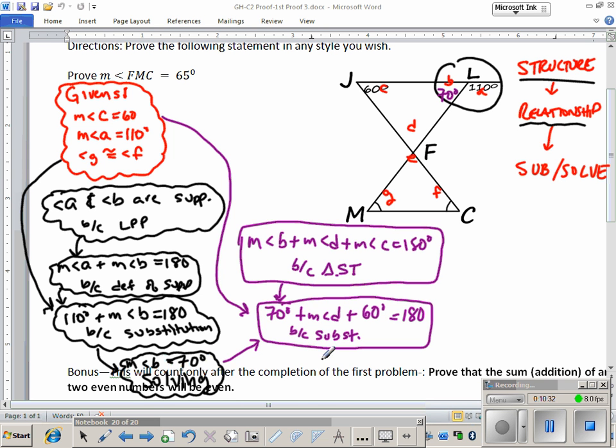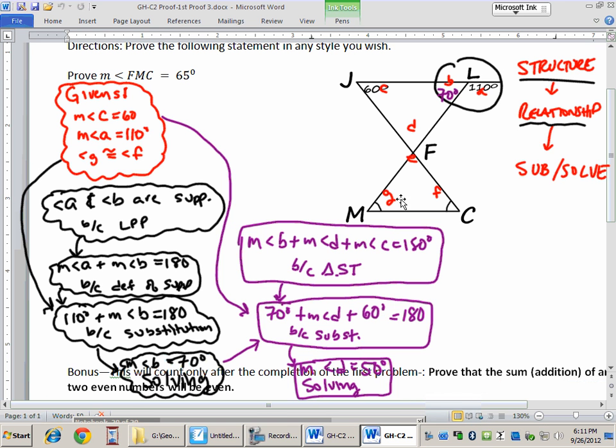So the measurement of angle D should be 50 degrees, because 70 plus 60 is 130, plus 50 more is 180, and that's just because of solving. As we're being careful in connecting our ideas, it comes just from the one above it. Again, just finishing off that equation. All right, so now we know that this guy is 50.